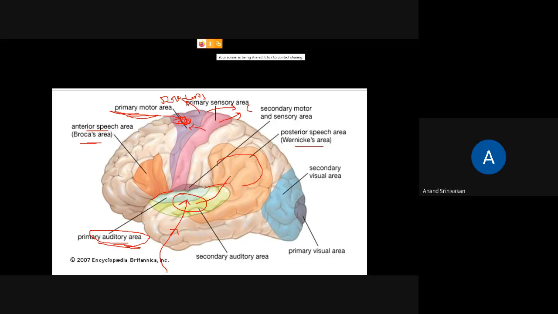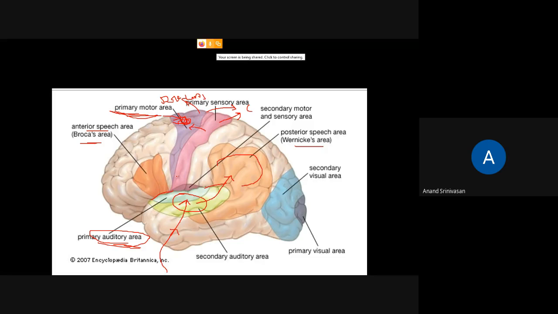That understanding takes place in Wernicke's area. Here he is able to understand and process the information he heard, and then he develops a response.